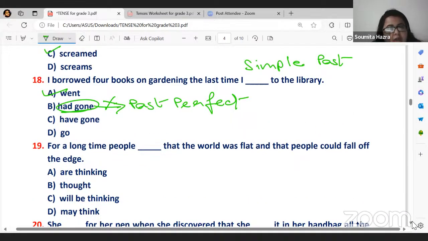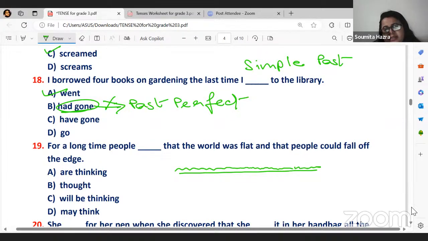For a long time, people dash that the world was flat and that people could fall off the edge. So for a long time, people actually thought that the world is not round and it is flat. If you keep walking from one end continuously, you will reach a point where the world ends.